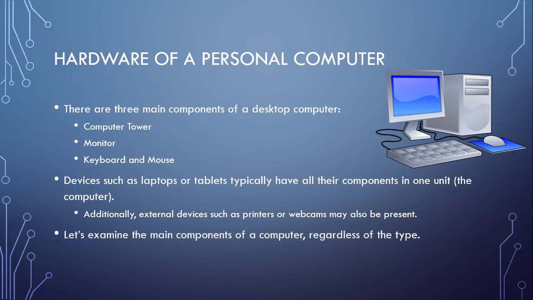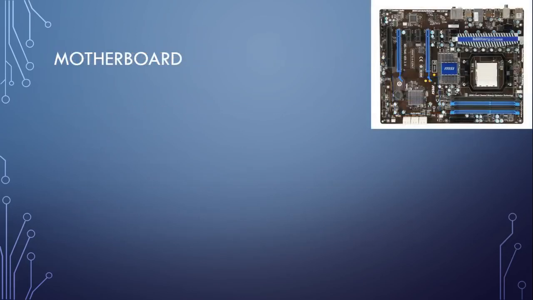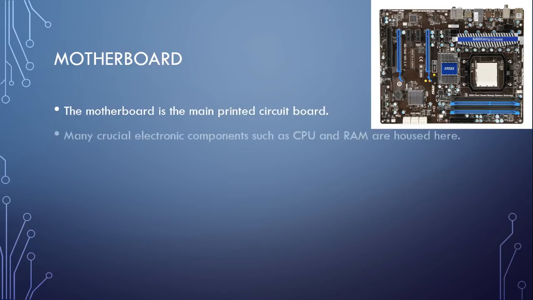Now, let's examine the main components of a computer regardless of type. So we're talking specifically about the tower here in this case. So the first component is what's known as the motherboard, and I have a picture that shows an example of what a motherboard is. The motherboard is the main printed circuit board. And when we say main printed circuit board, it means that it could be other circuit boards, but this is the main one. This is where everything is housed.